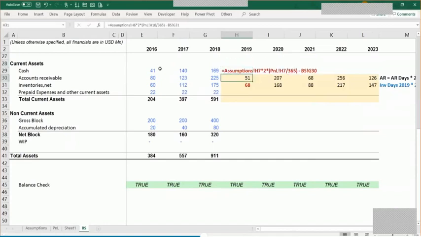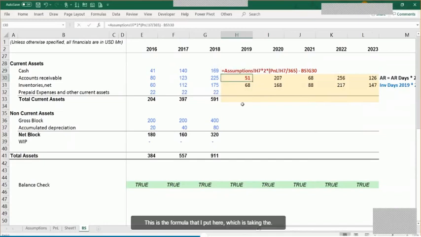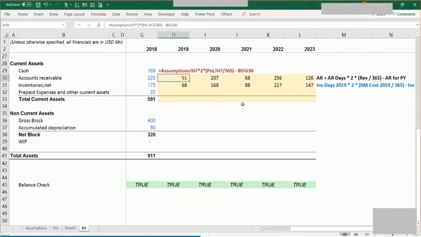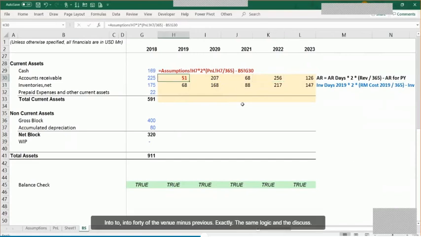So the formula over here is this. This is the formula that I put here, which is taking the AR days into 2 into per day of revenue, minus AR for the previous year. Exactly the same logic that we discussed before.